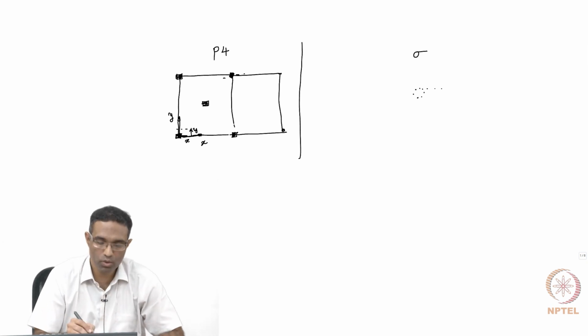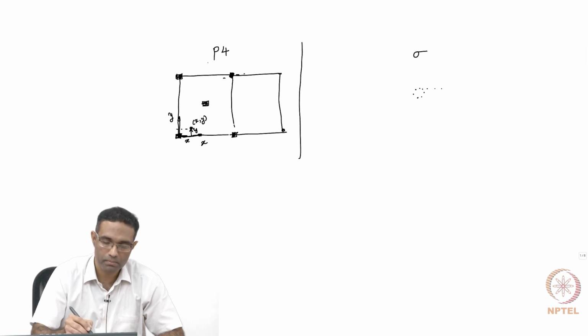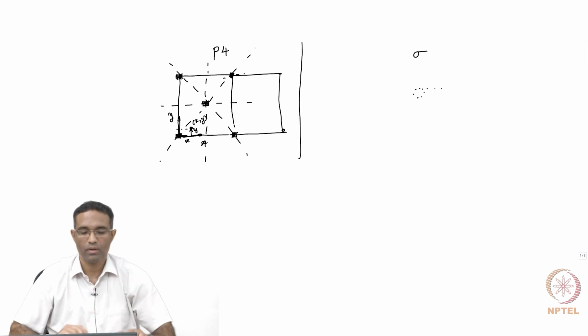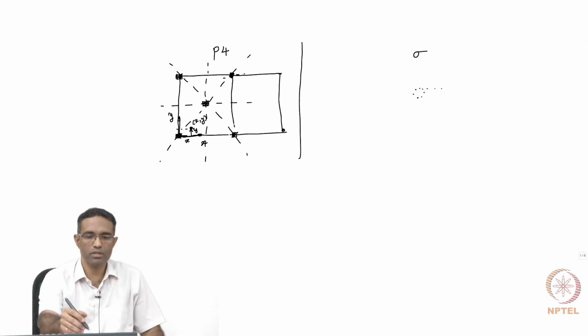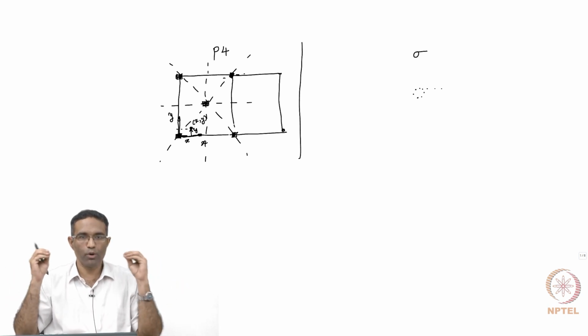Okay. The coordinate of this point is x, comma y. This entire lattice may or may not have the mirrors at this point, right? I have not said that it has, because it's just P4. So the only symmetry operator that is present is a fourfold rotation.